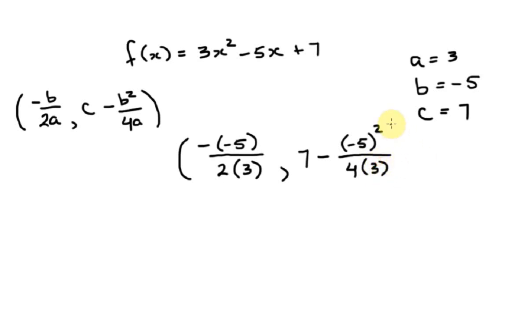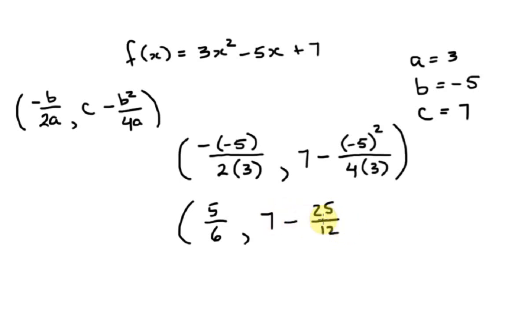Sorry, 4 times 3. Thinking out loud here. Okay, so what do we got now? We got a positive 5 over 6. Okay, well, that wasn't so bad. And then over here, a little bit more to simplify. We got 7 minus, and we're going to have 25 on the top over 12 on the bottom.